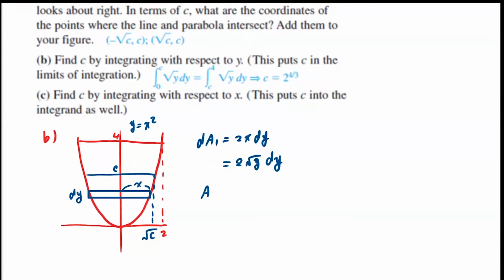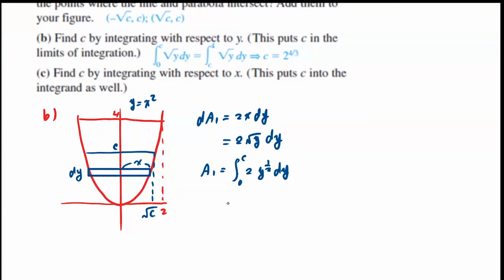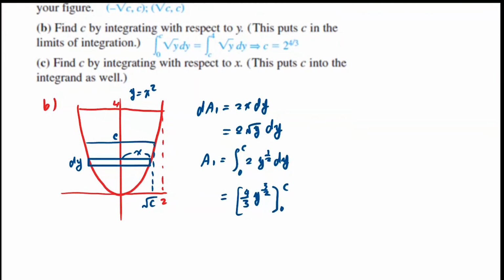Okay, so A1 happens to be from 0 to C of 2, and then I'm going to write it like this so that it's easier to integrate. And that is y to the 3/2, therefore 2/3 with that 2 is 4/3, eh? 0 to C. You with me? So we have 4/3 C to the 3/2 power.